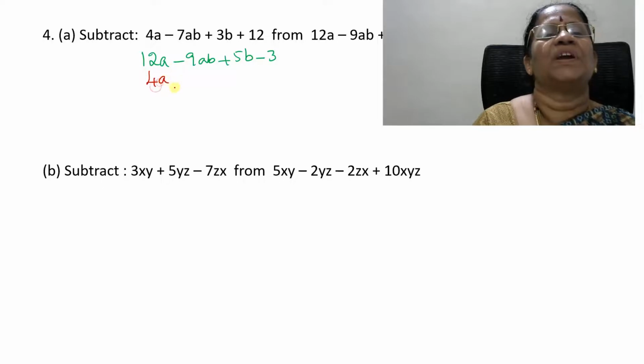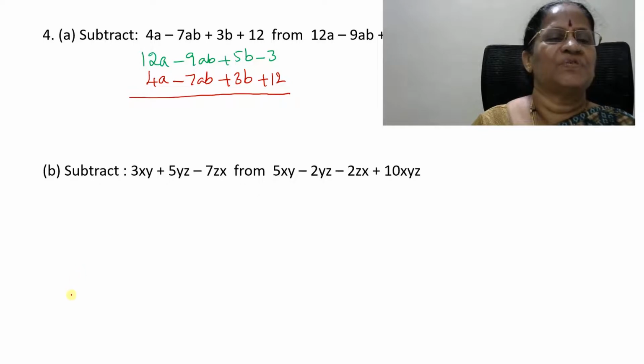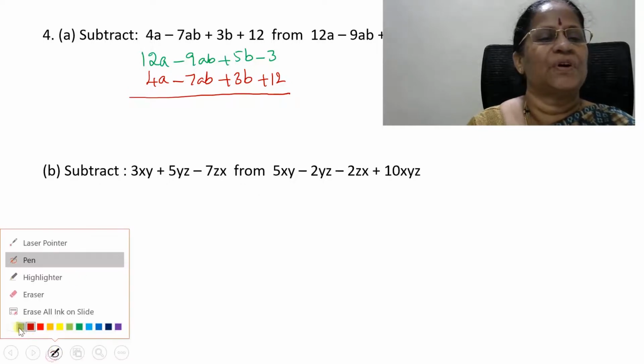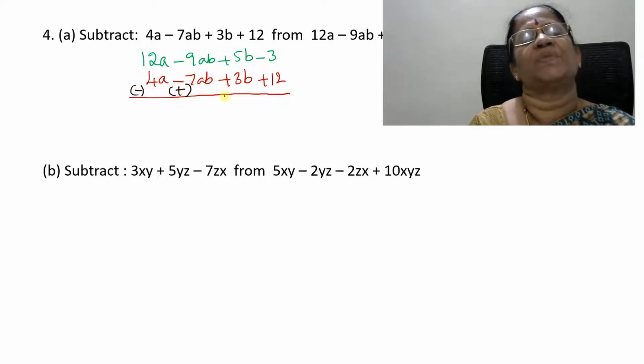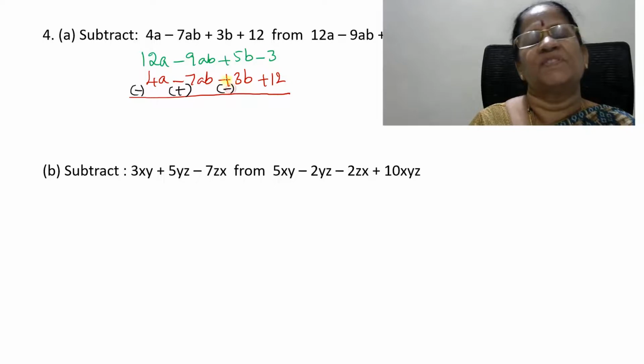It is 4a minus 7ab plus 3b plus 12. Of course, you need to change the sign of each term of the subtrahend. So plus 4a becomes minus 4a, minus 7ab becomes plus 7ab, plus 3b becomes minus 3b, plus 12 becomes minus 12.